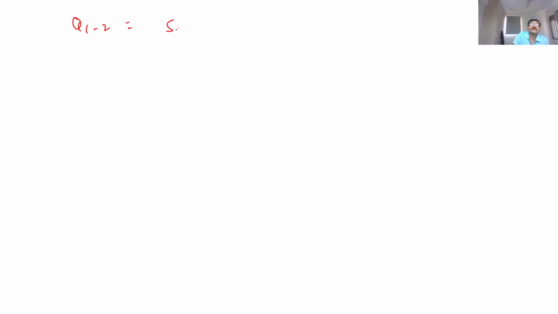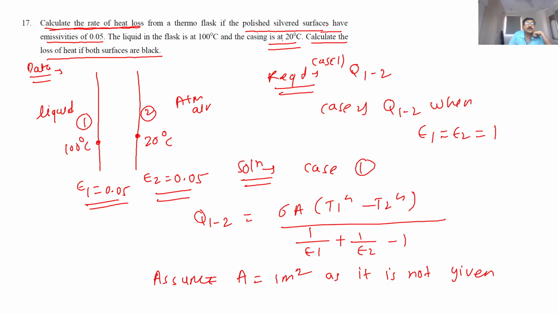Q1-2 is equal to sigma, 5.67 into 10 raised to minus 8, area is not given so 1, times T1 raised to 4 minus T2 raised to 4. What is your job? 100 degrees Celsius. You don't require Celsius here because you are solving a radiation problem. So 100 plus 273 is 373 Kelvin. Please do it on the calculator. Then 20 plus 273 is how much? 293 Kelvin.